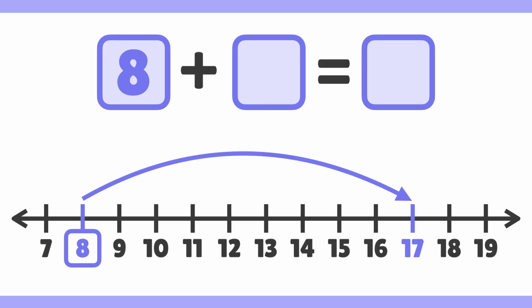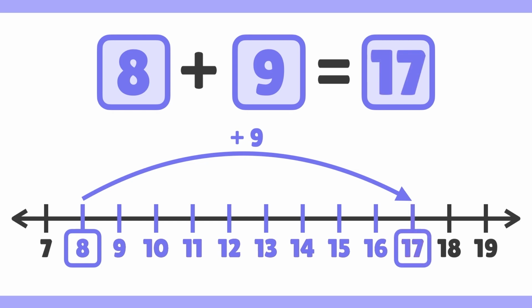Let's count along the number line to see how big of a jump we made. 1, 2, 3, 4, 5, 6, 7, 8, 9. We counted forward 9, so that's how much we need to add. And we ended at 17. This number line shows 8 plus 9 equals 17.